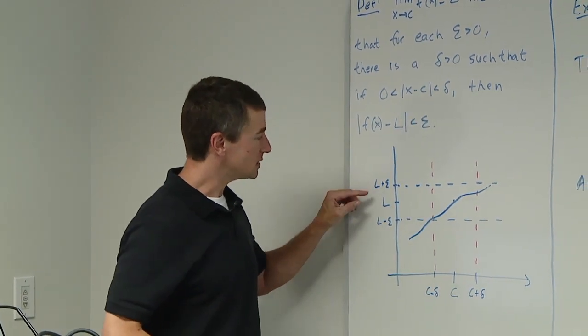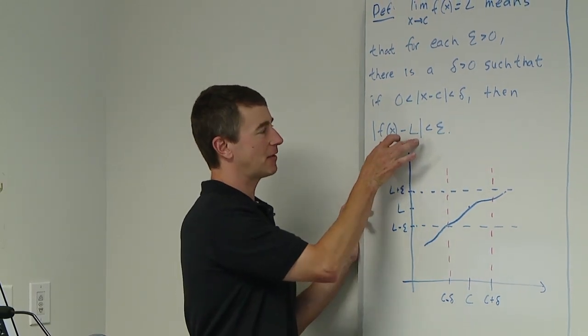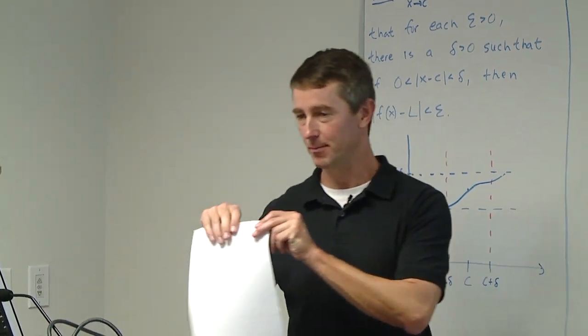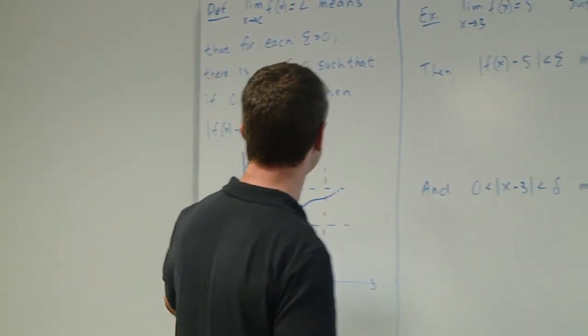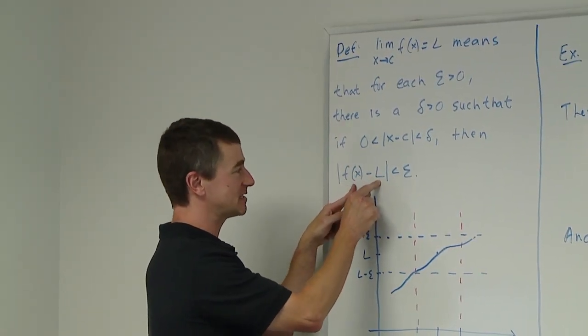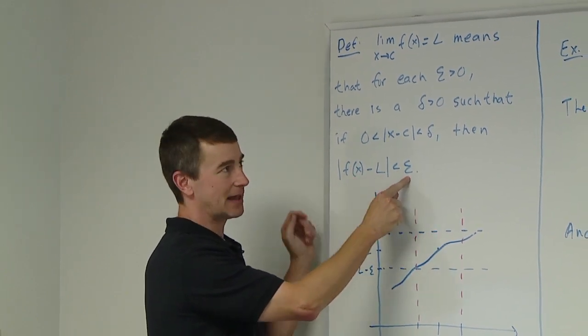The reason that we use absolute value is because we're trying to measure a distance. And when you're measuring the distance between two numbers, absolute value is the way to do it because that way you don't get any negatives. So this is saying the distance between f of x and L must be less than epsilon.